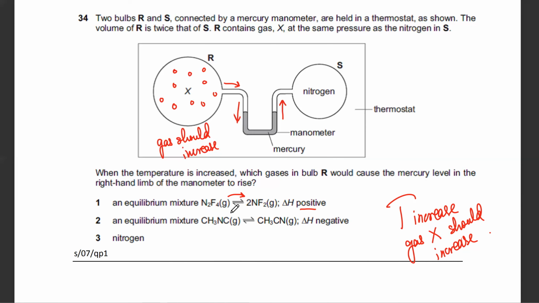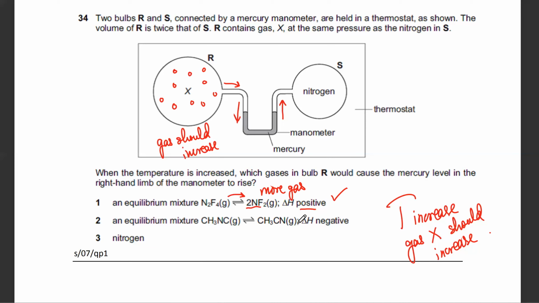Yes. So in this case it's going to be forward. Remember, he's increasing temperature, so the forward would be favored. So obviously the gas will increase, 2 molecules are formed. So this is absolutely correct.